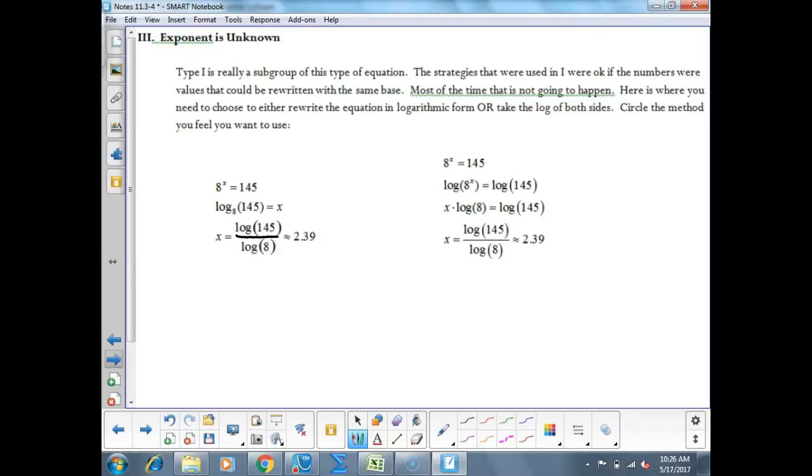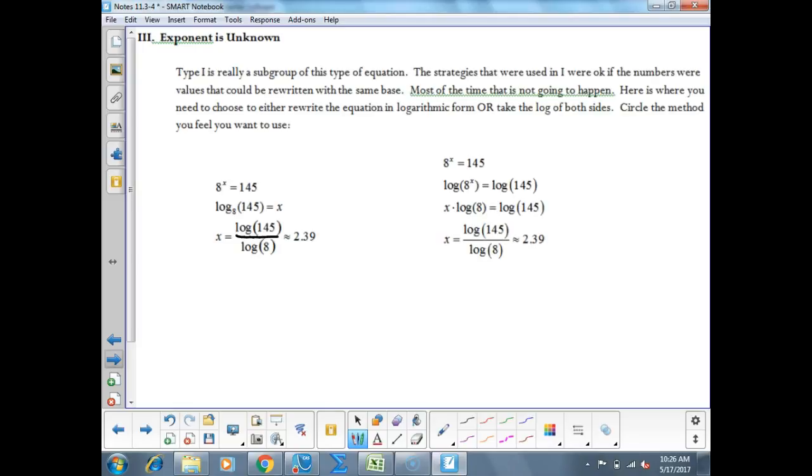Okay? Now, type number 3, the third type of problem where the exponent is unknown. Okay? In this particular one, this is going to be the majority of your problems. I shouldn't say majority. It's probably going to be about 50% of your problems are going to be where the exponent is unknown. Okay? Right?